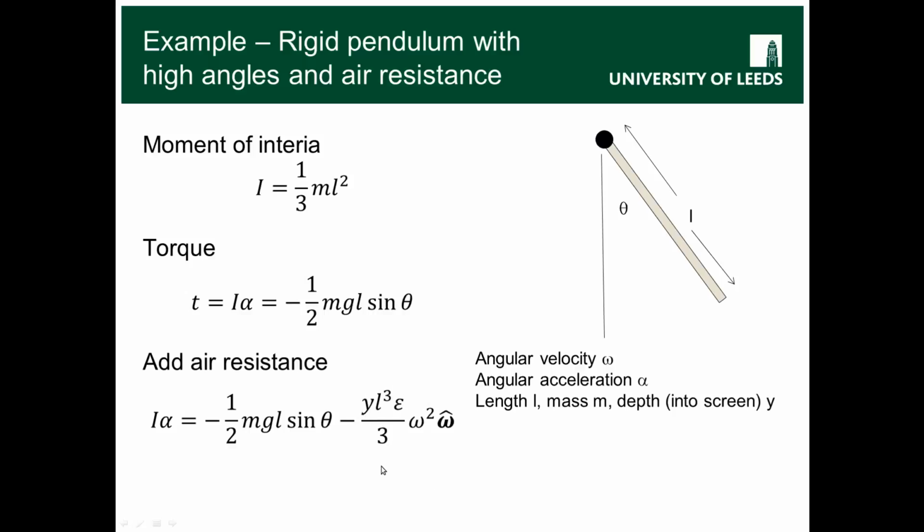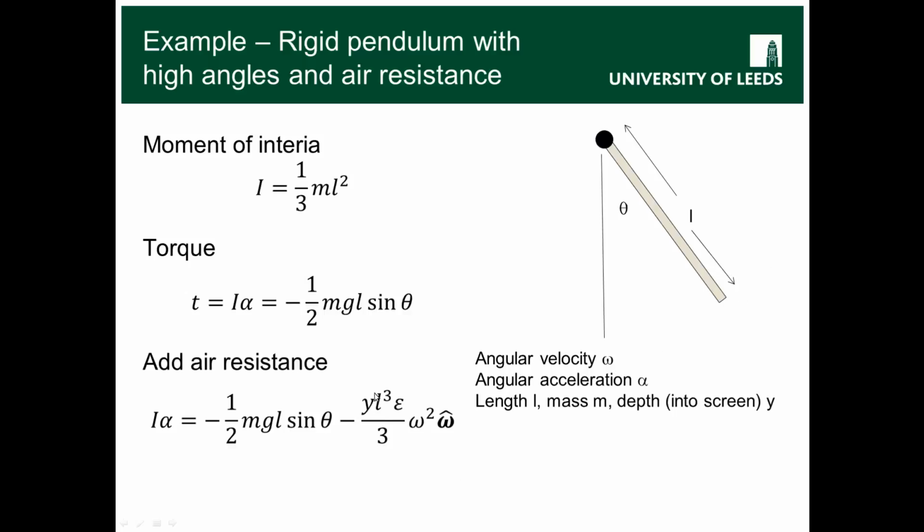What we have here is y times L. So y is the width in and out of the screen, and y times L is the cross-sectional area. And then eta is the thing that has all the drag terms mixed up together. The 3 comes about because of the fact that it's moving around: one end is stationary and the other end is moving in an arc.